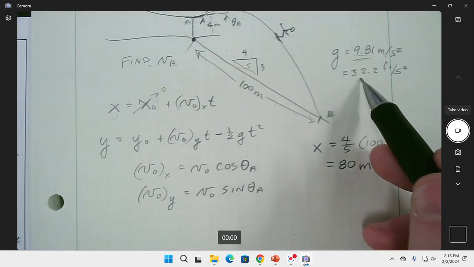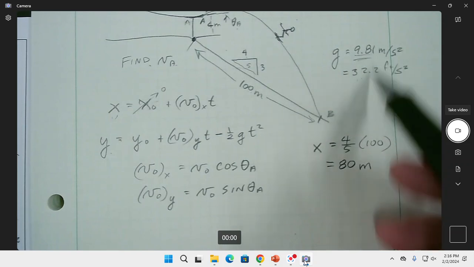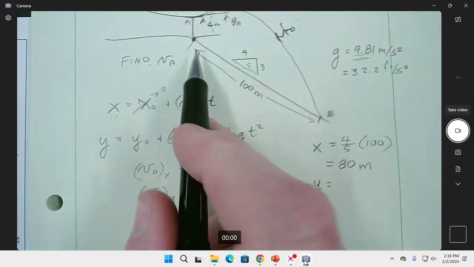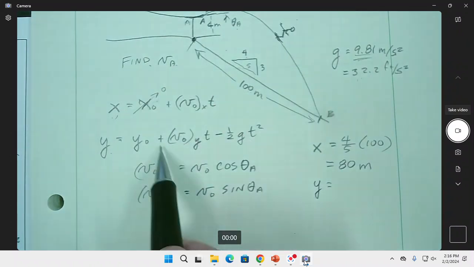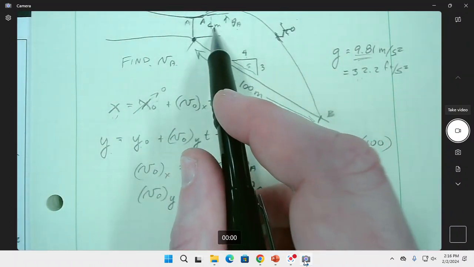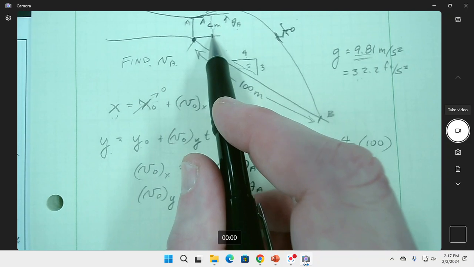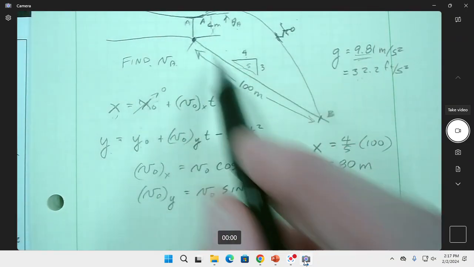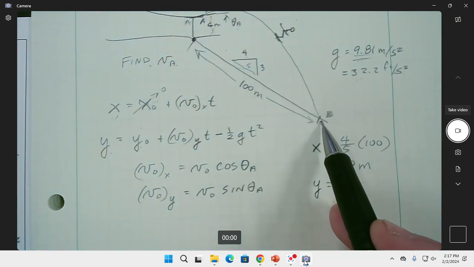A lot of people make that mistake. Recognize that they gave us 4 meters right here, so I am thinking that y0 should be 4 meters, but then y, when you're done, is going to be negative whatever that distance is.